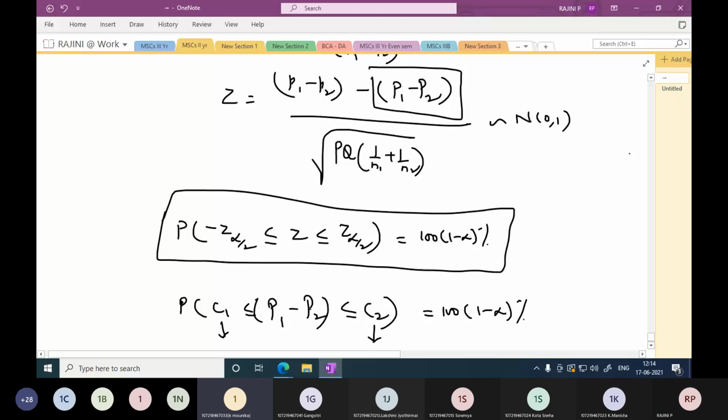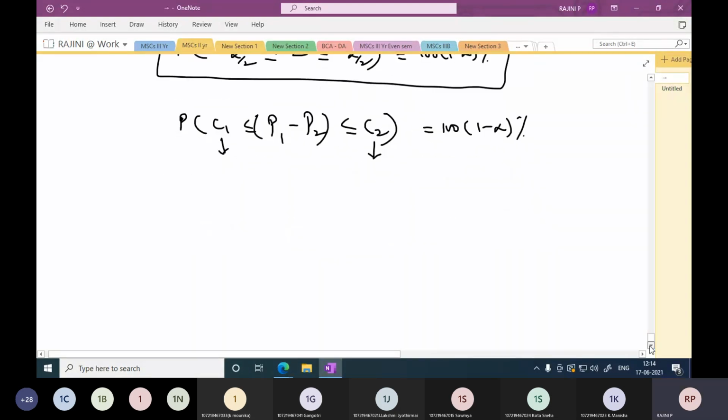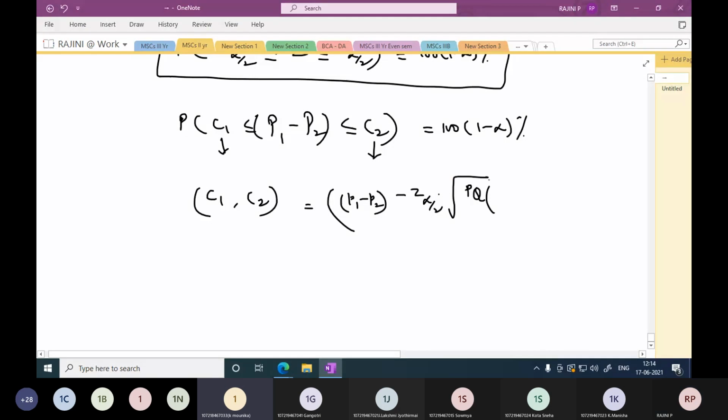C1 is p1 minus p2 minus Z alpha by 2 into under root PQ into 1 by n1 plus 1 by n2.